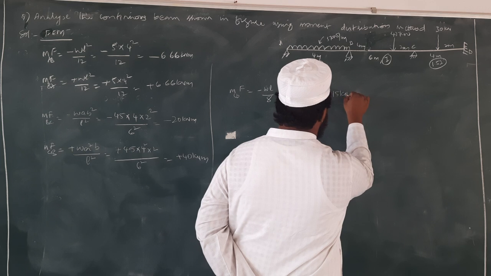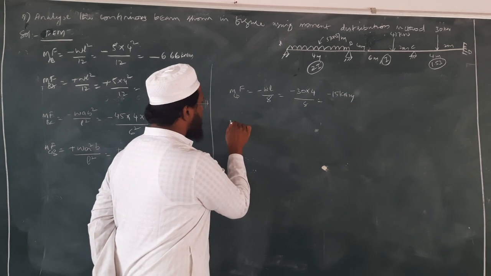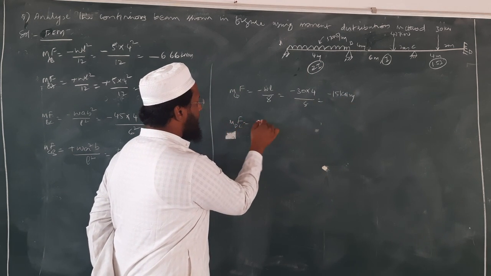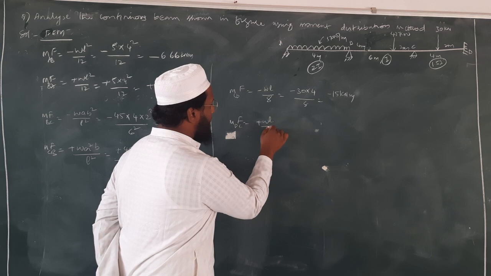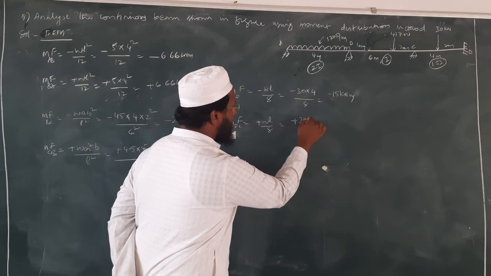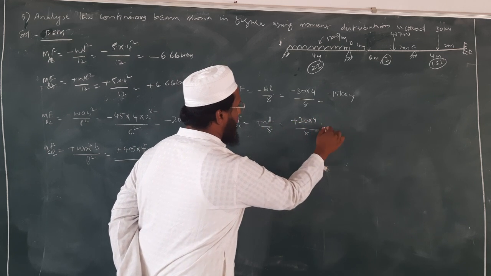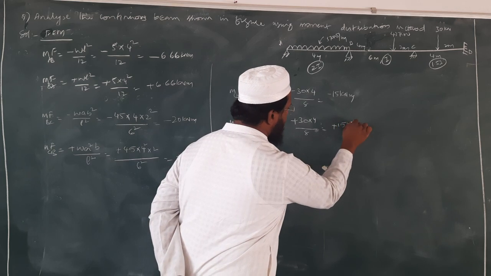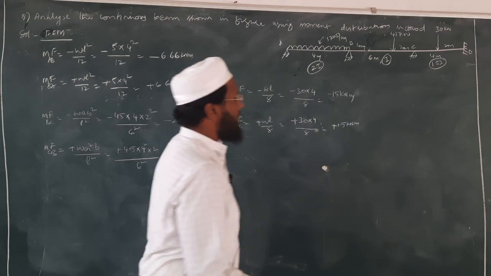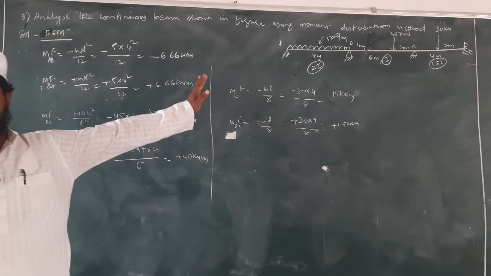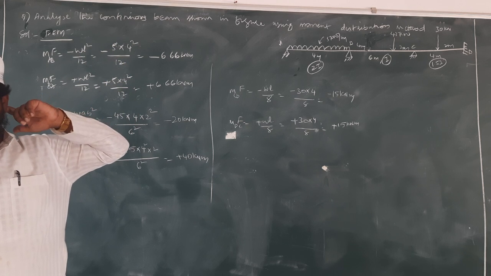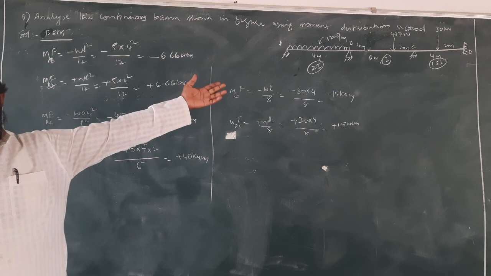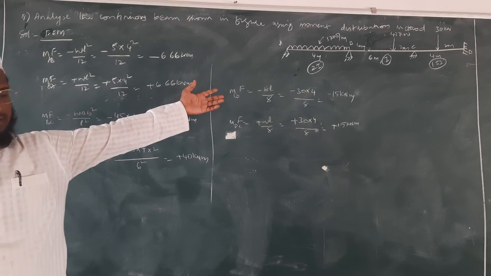Minus 15 kilonewton meter. Then MF DC is equal to plus WL by 8. So plus 30 into 4 by 8, which is equal to plus 15 kilonewton meter. So we have calculated all the fixed end moments. Okay. Now we'll go for distribution factor. Copy down.